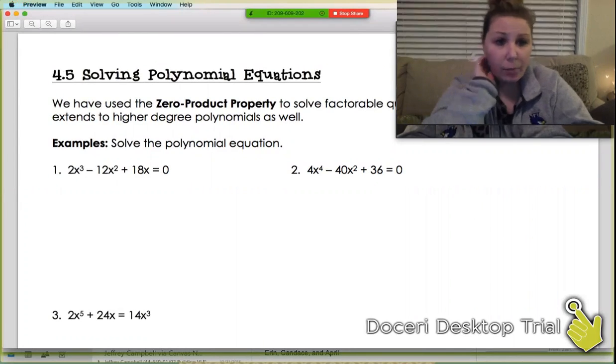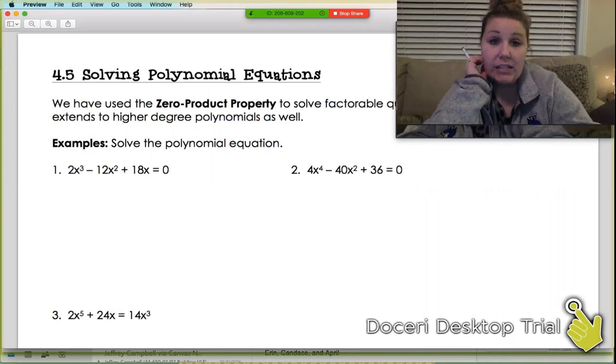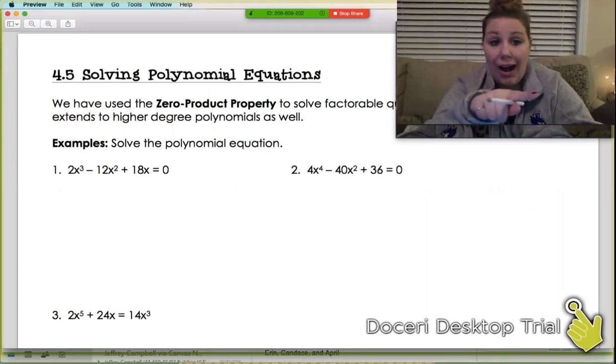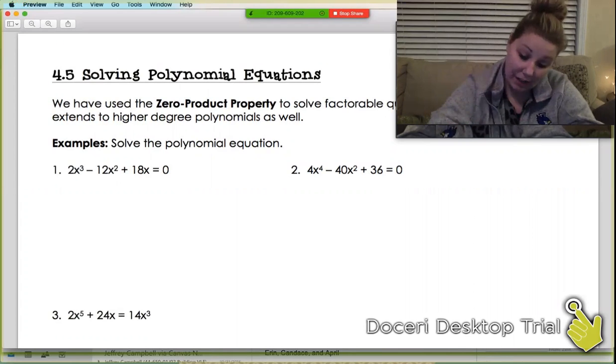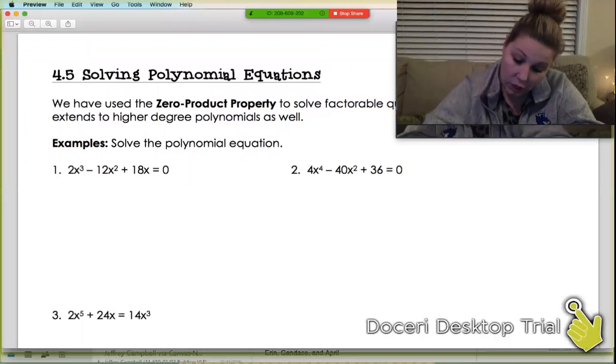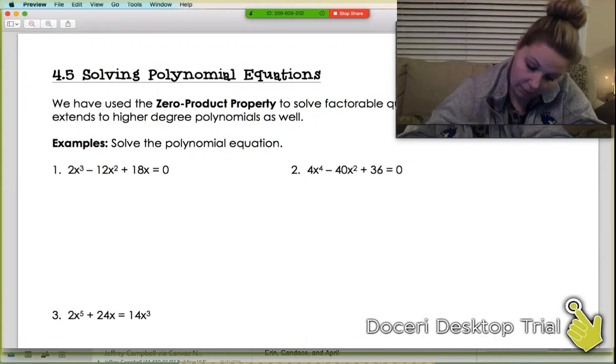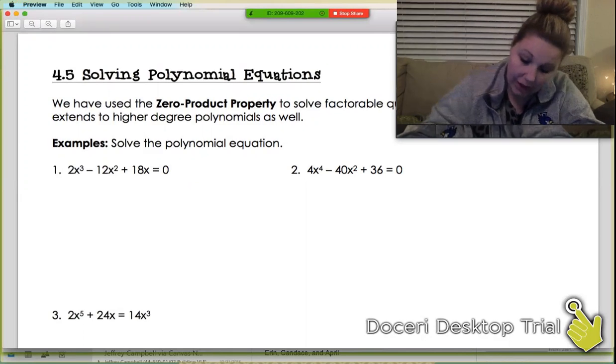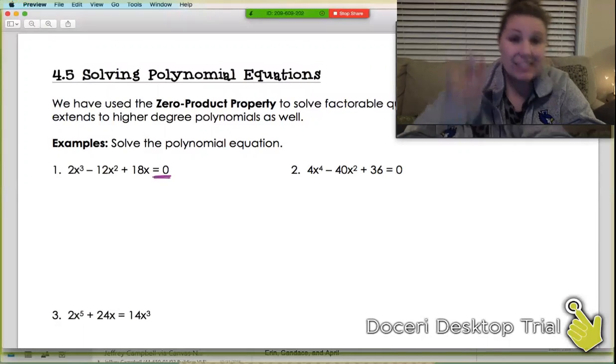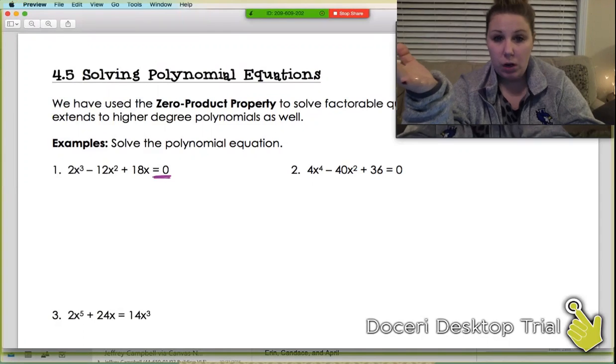So looking at number 1, I have 2x to the third minus 12x squared plus 18x equals 0. So I look for a greatest common factor first, and I see that I can factor out a 2x from each of those. So I'm going to go ahead and do that. Now don't forget here, it's got to be equal to 0, which this one already is.